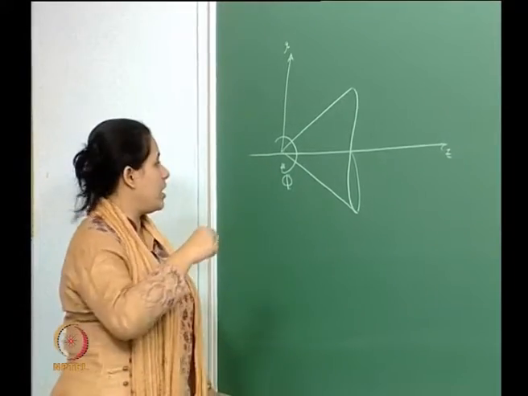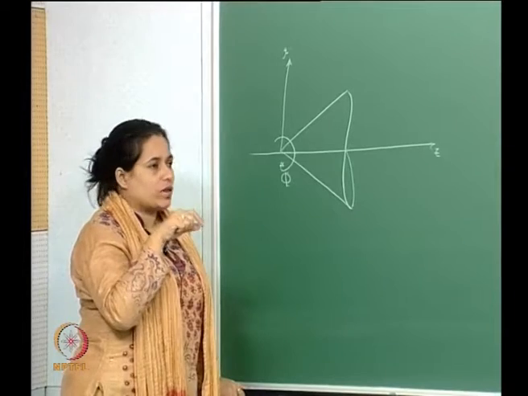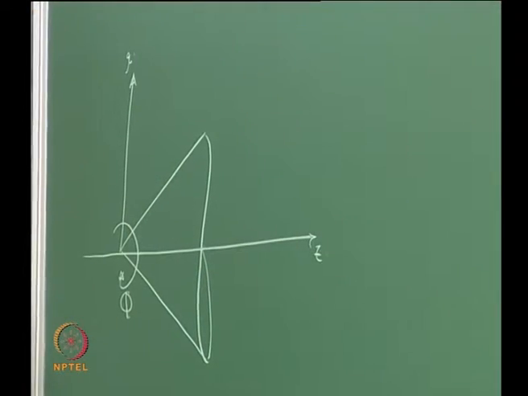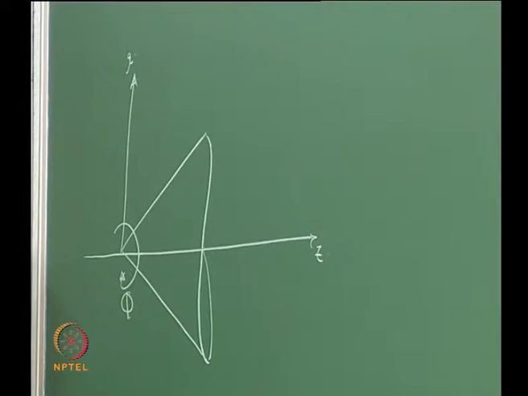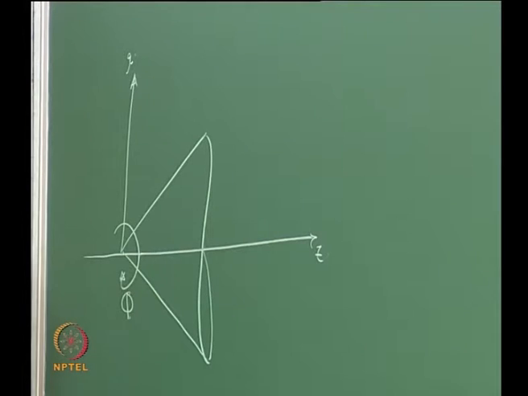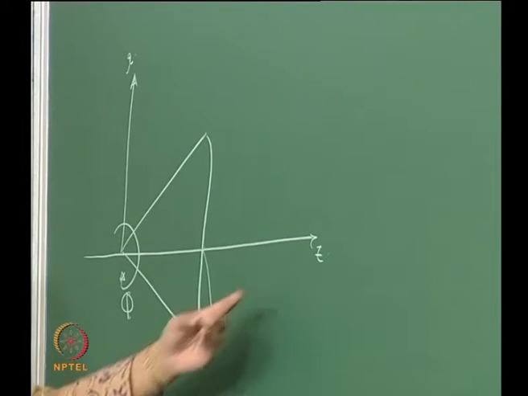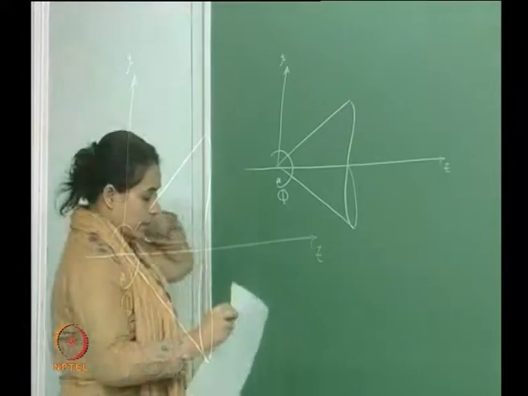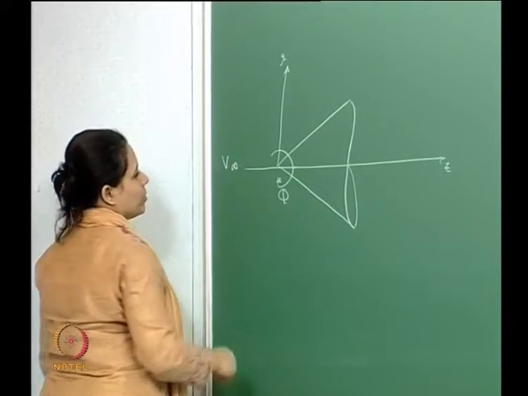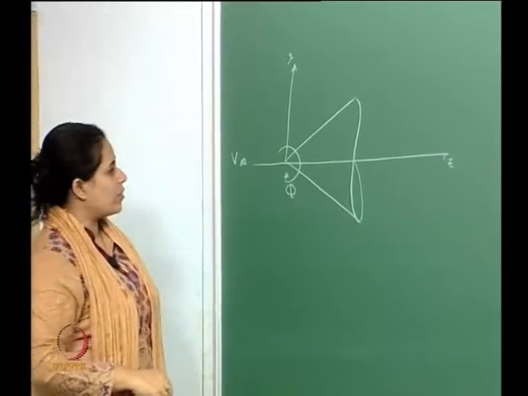The phi here is of course out of the plane of the board. By this time hopefully you understand what phi means. And theta is of course in this plane, if I look at it in a plane which is perpendicular to the z, x and y axis. And this was our free stream.